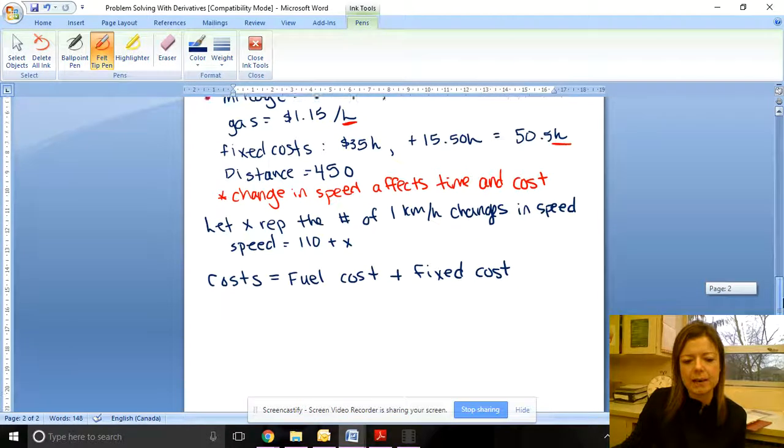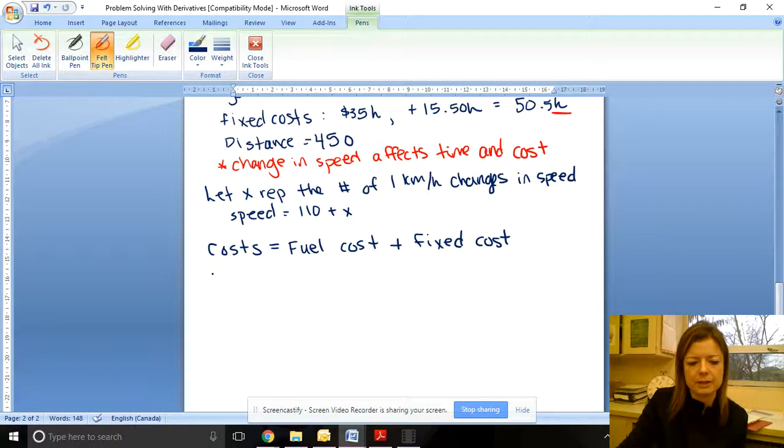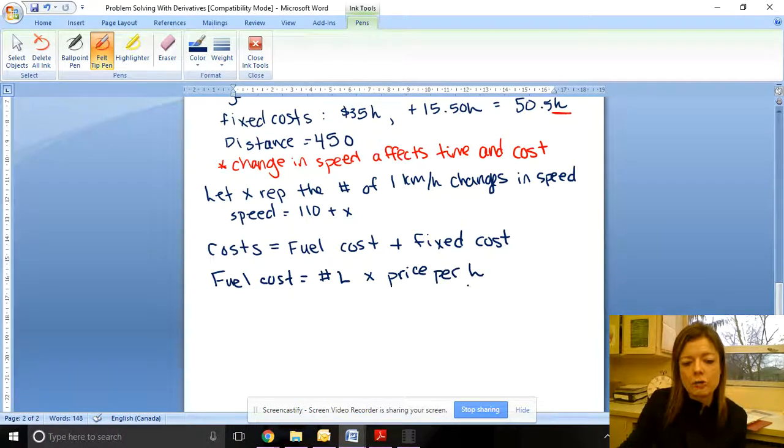So let's break out, how do we come up with the fuel cost? So the fuel cost is going to be how many liters we need times the price per liter. Okay, we know that the price per liter is $1.15. That's not changing. It's this number of liters.